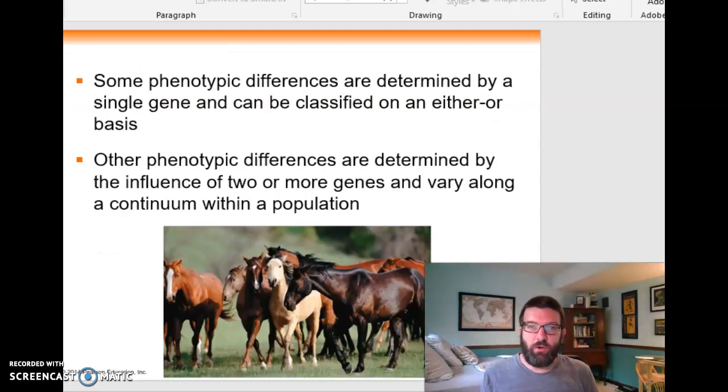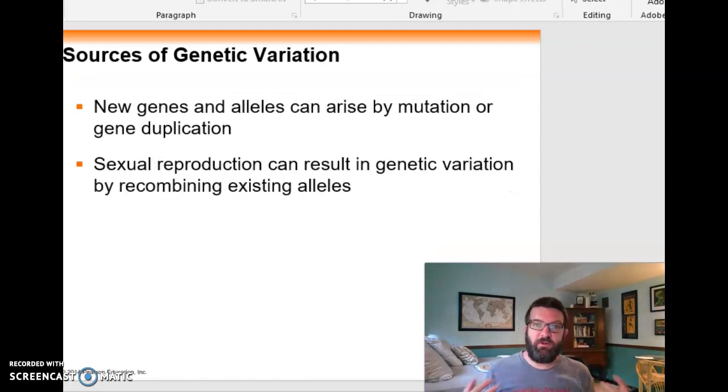Now, to be sure, not all phenotypes are caused explicitly by genotypes, right? We can have characteristics that are caused maybe more by the environment than by our genes, although usually there's some genetic component. Very often it's more than one gene that's involved, but as long as there's some genetic component, that trait is heritable. So where do we get this variation in our genetic codes?